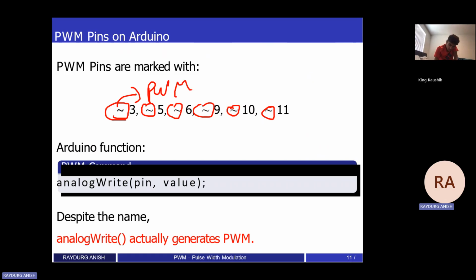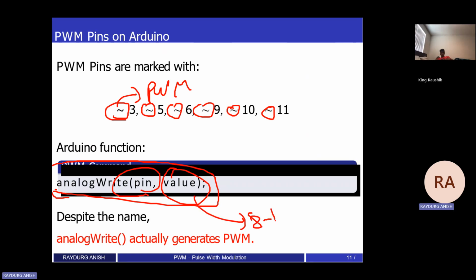And one more thing: how you can configure it is by using analogWrite. You specify the pin and then the corresponding 8-bit value. It should be strictly less than 255.